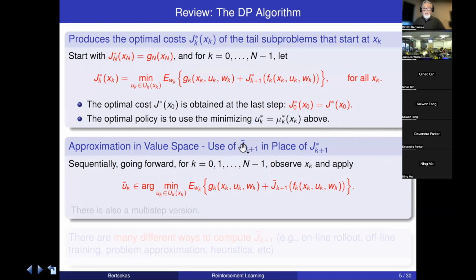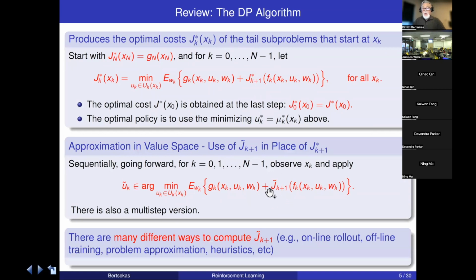And then once we have J tilde, in real time we do this minimization at stage k. Given x_k, we minimize this expression and obtain u tilde_k, which is the control that we apply. And there's also a multi-step version of this, which we're going to come to shortly, which involves, instead of solving a one-stage problem, solving a multi-stage problem of smaller horizon than the original.